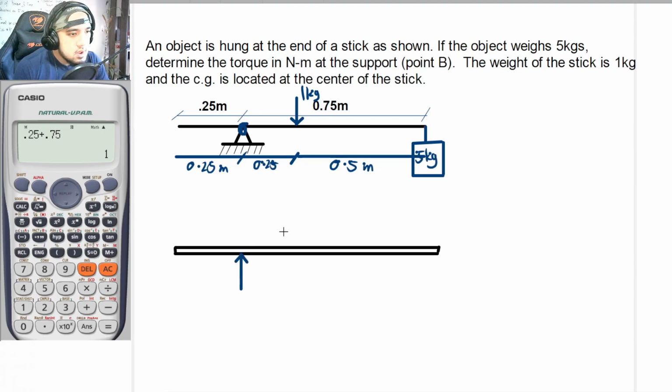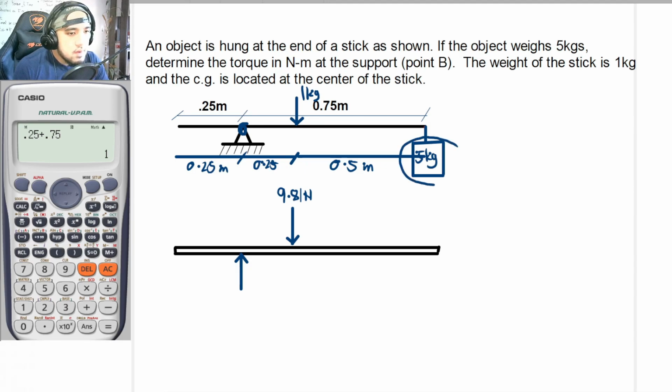And as for this, there is a weight here. And if this is 1 kilogram, if I multiply 9.81 meters per second squared, this would be equal to 9.81 newtons. So in other words, this is 9.81 newtons.